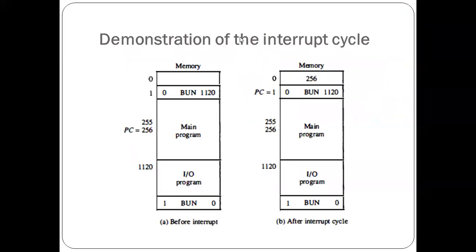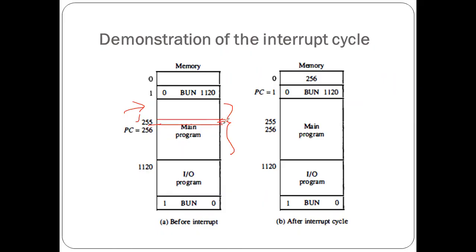See, this is the demonstration of the interrupt cycle. This is your main program. Somewhere at a PC, your program has started, and right now this particular instruction is executing.